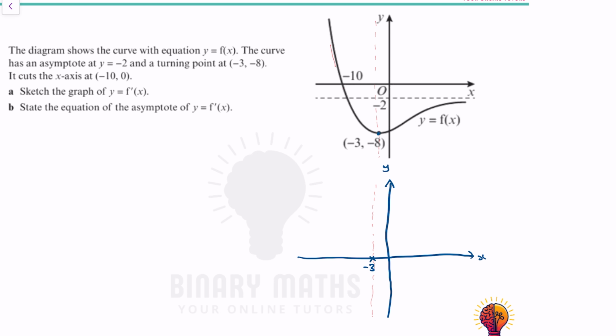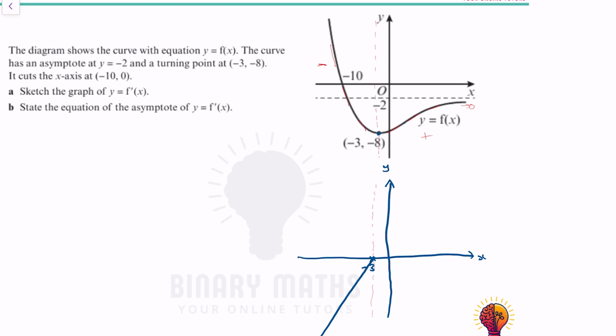So I can see clearly that my gradient is negative in the first section and then positive in the second section, but then it's getting closer and closer to 0, so approaching 0 as x increases. So that means the first section of the graph will be below the x-axis because it's negative. So it's going to start below the axis and then it's going to hit -3. Then it's going to be positive.